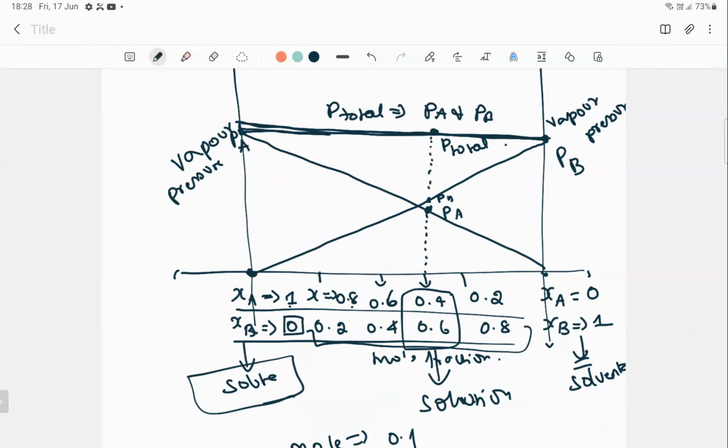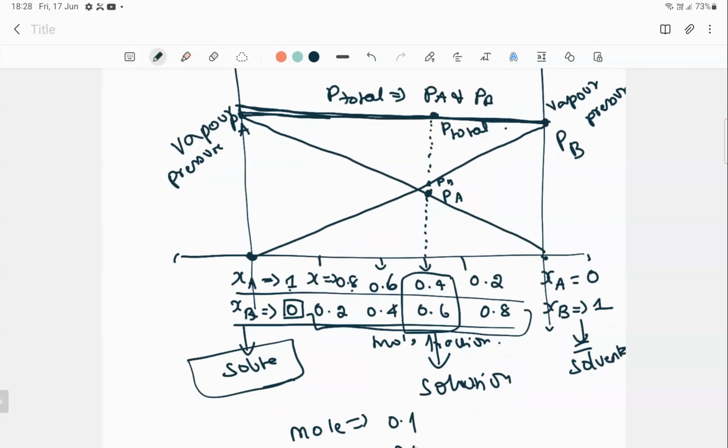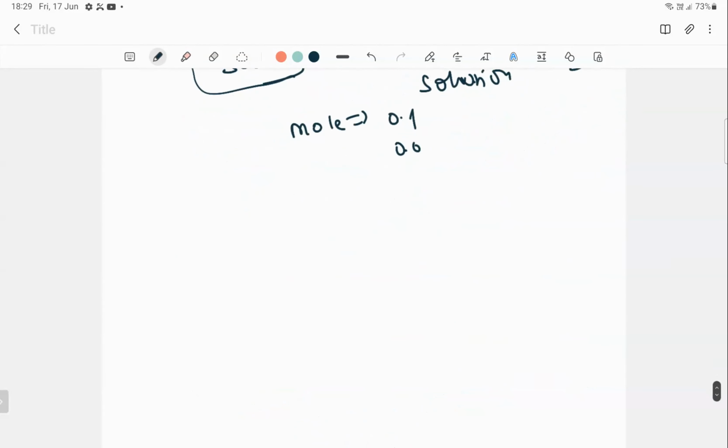Now, in the worst case, say for example, one of your components, the solute, is non-volatile and your solvent is volatile. At that time, what happens? If the solute is a non-volatile substance, its PA is 0.